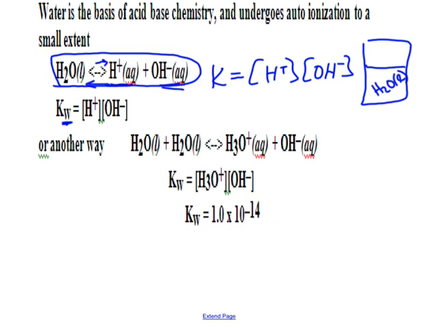Now, what is the value of Kw? You actually did this in first year, but they didn't relate it to equilibrium like this. You actually memorized a number. Does anybody remember it? 1 times, yep, 10 to the negative 14th, exactly.